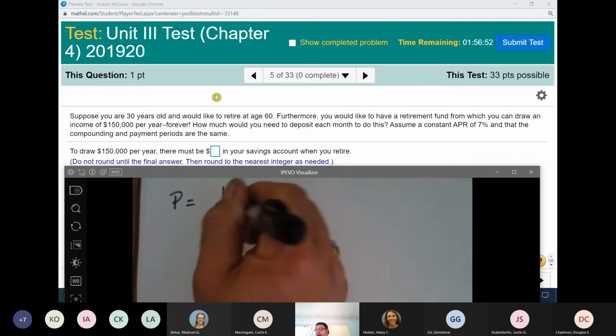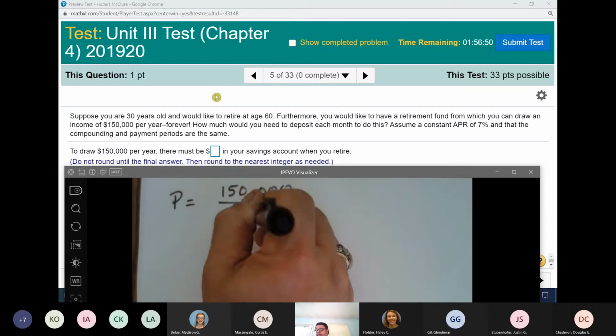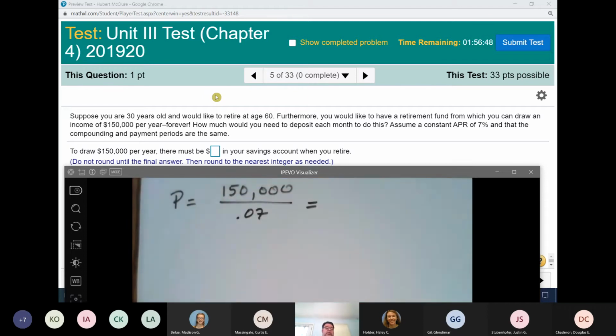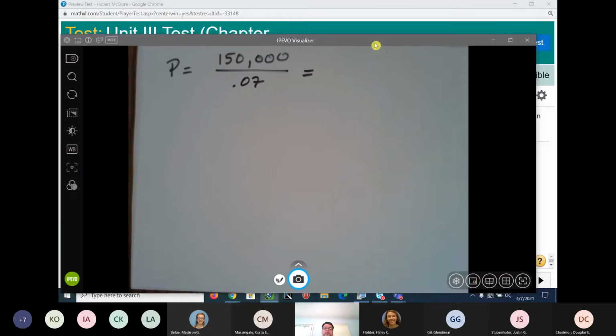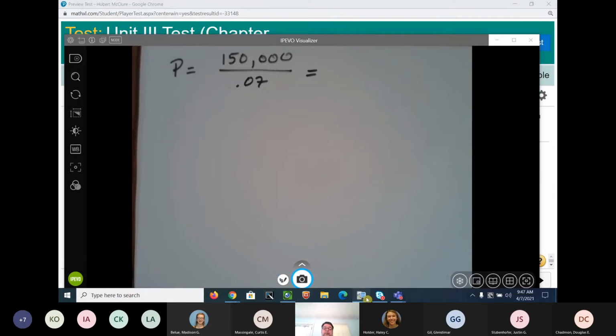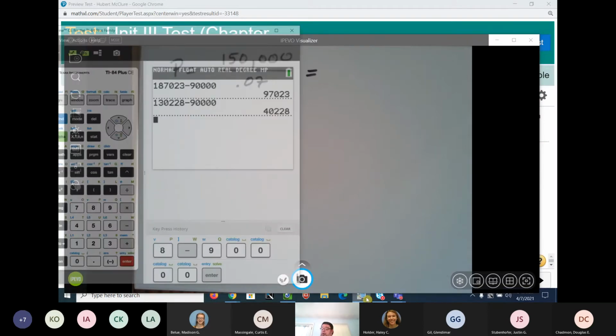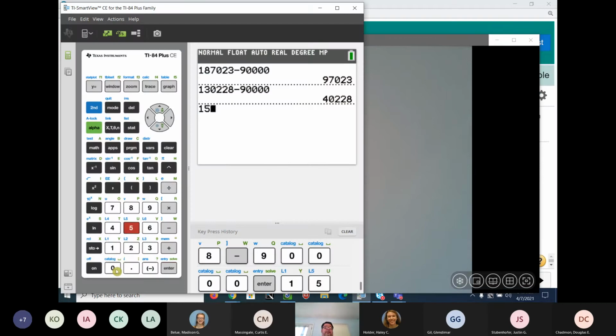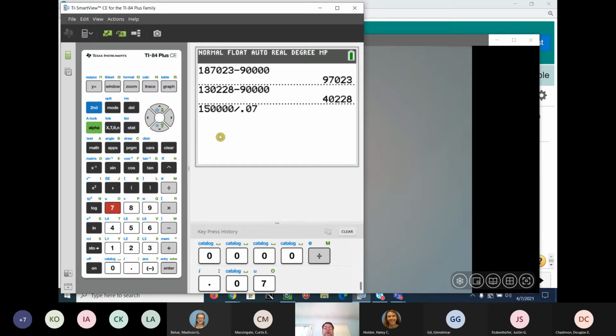Well, you're going to divide by the rate, which is 0.07. And take your handy dandy calculator. 150,000 divided by 0.07. So how much do you need to have in your retirement fund after so many years?